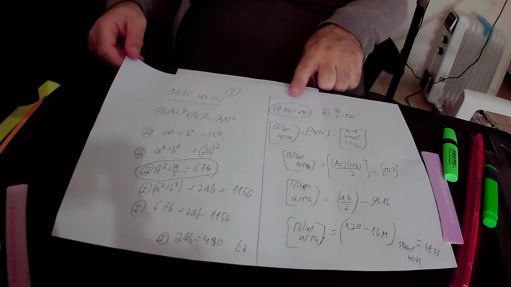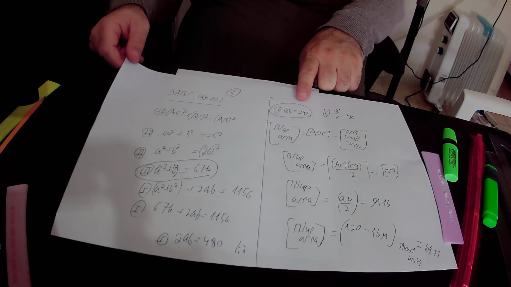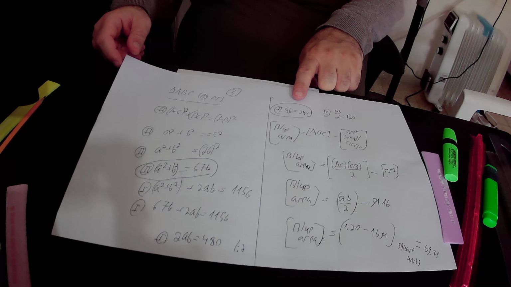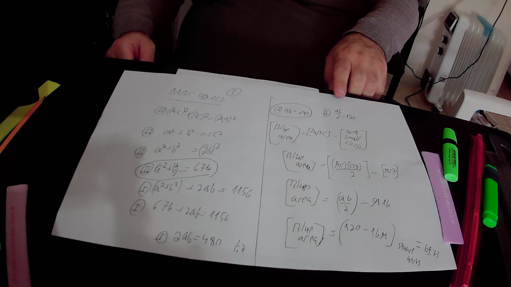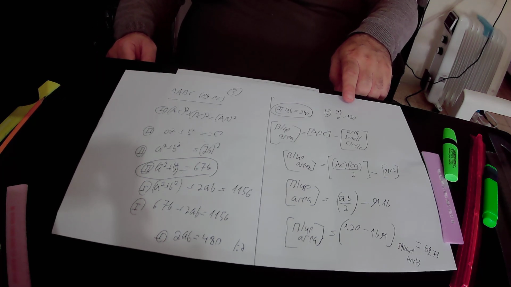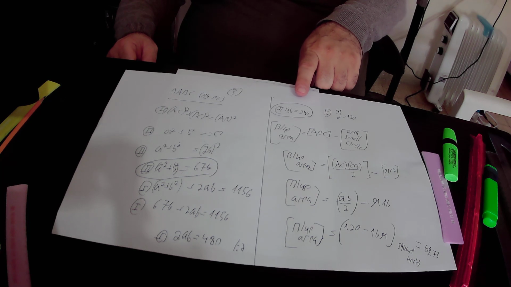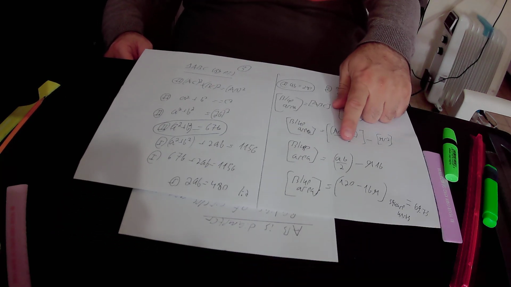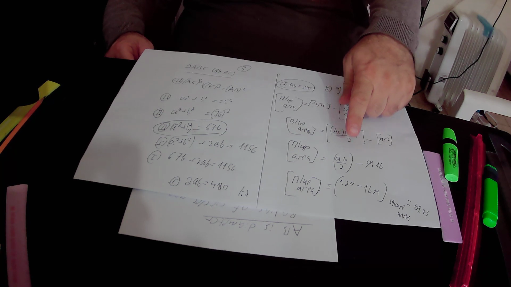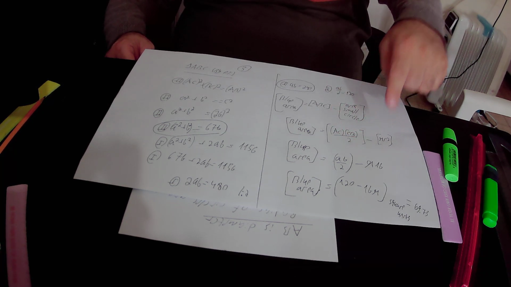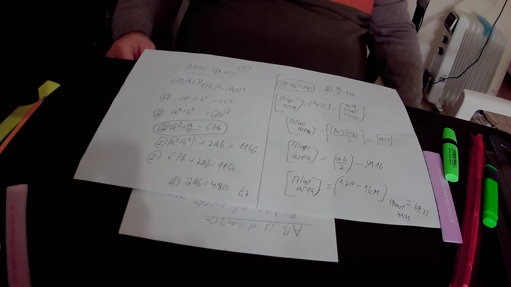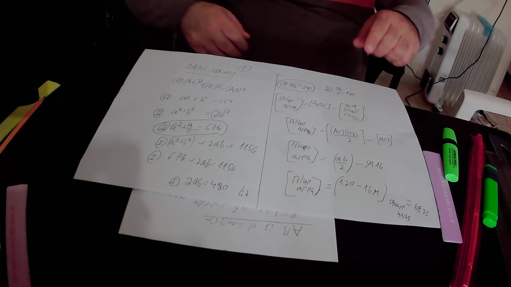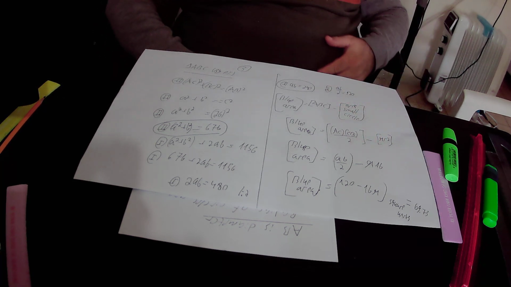Since ab equals 240, ab over 2 equals 120. So it is 120 minus pi r squared. r equals 4, so r squared is 16. So the blue area equals 120 minus 16 pi.